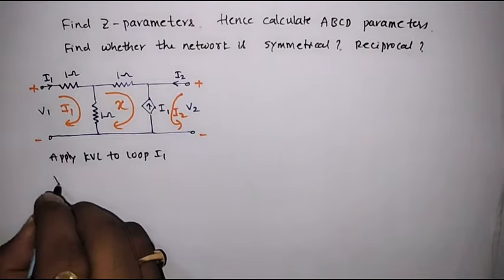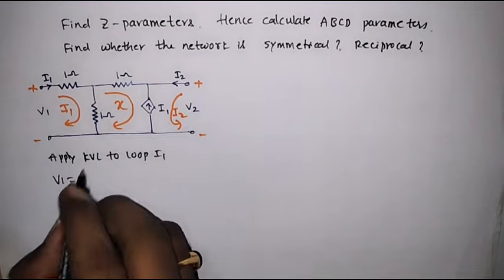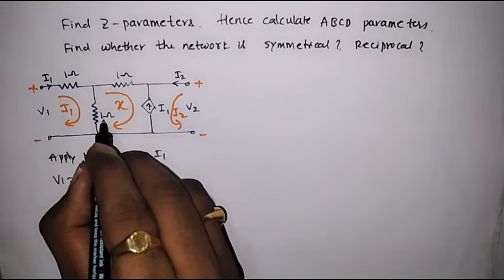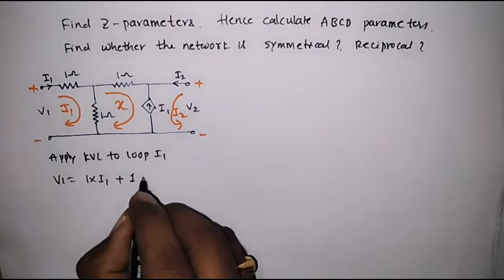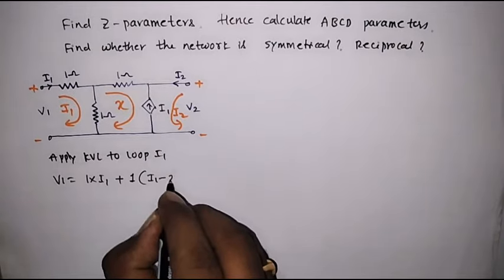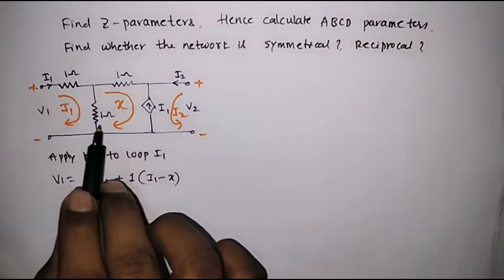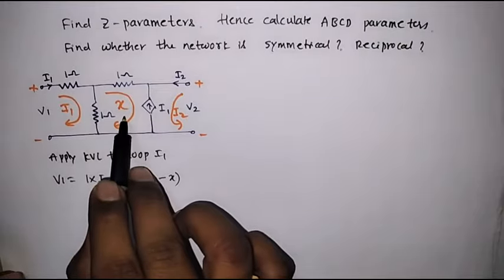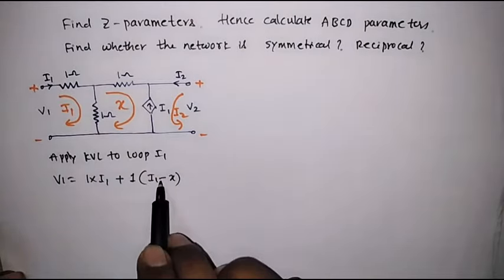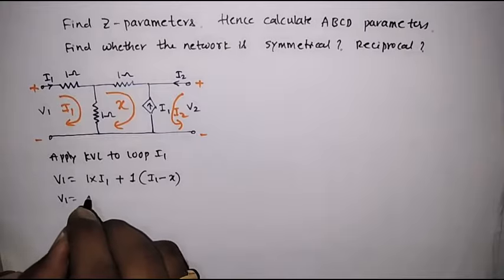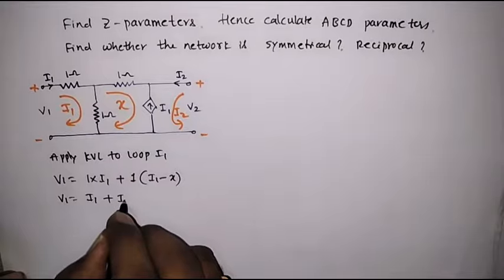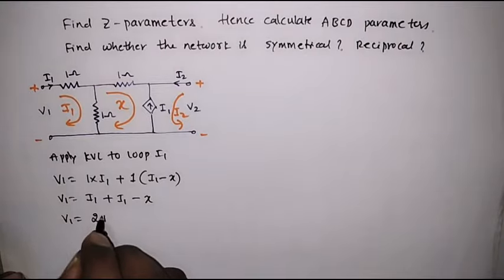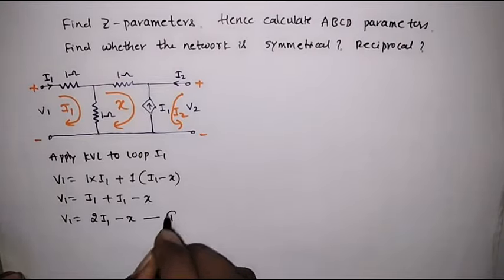Therefore I can write V1 is equal to the drop across 1 ohm, which is 1 into I1, plus the voltage drop across this 1 ohm resistor, which is 1 into (I1 minus X), because in this resistor current I1 is flowing as well as current X is flowing, both opposite to each other, so it is minus. I'll simplify this. V1 is equal to I1 plus I1 minus X, or V1 is equal to 2I1 minus X. I will call it equation number 1.